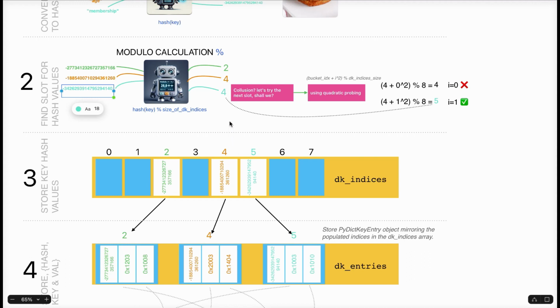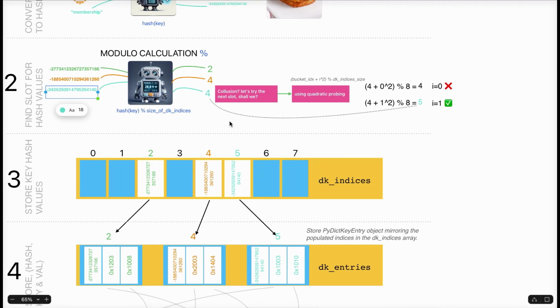So what we need to do is something called open addressing in Python terminology. And that open addressing uses a technique called quadratic probing, which is to say you take the bucket ID, which is 4 in this case, plus i, which is an incremental value that goes from 0 to n, where n is a place we find to put our hash of the key.